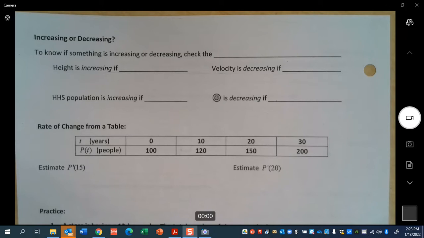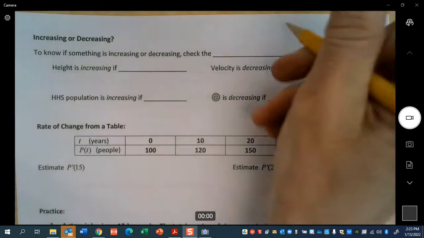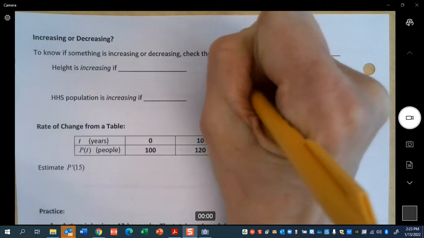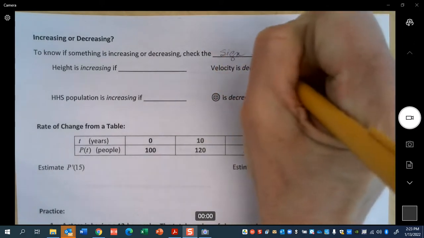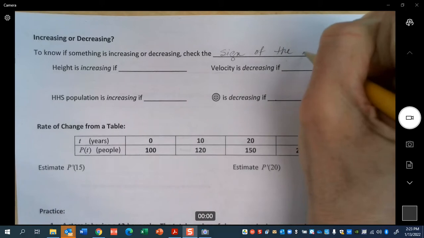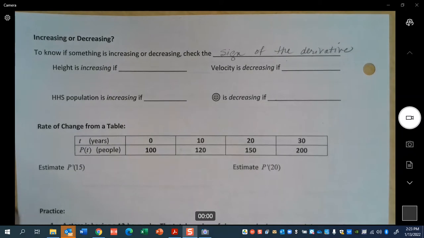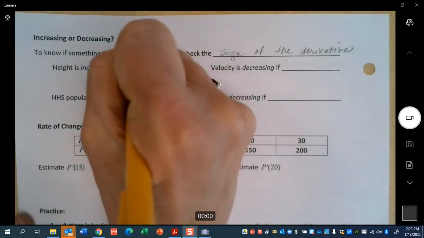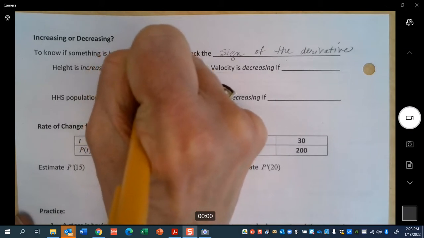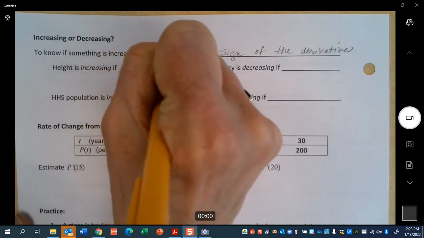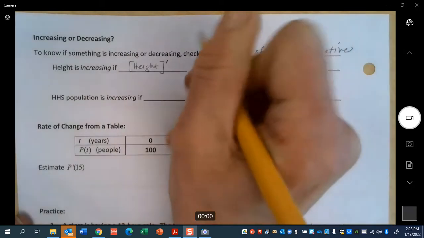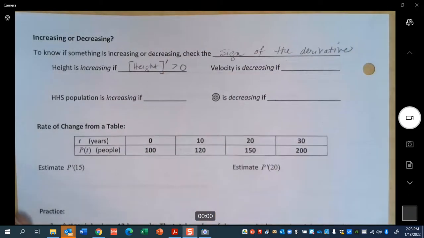So to know if something is increasing or decreasing, you're going to check the sign of the derivative. So height is increasing if, when you take the derivative of the height, it's greater than 0.